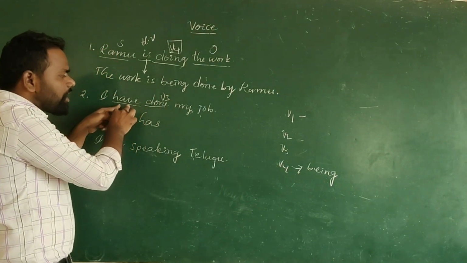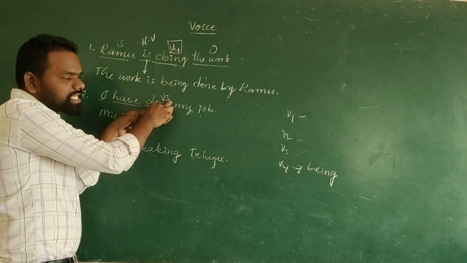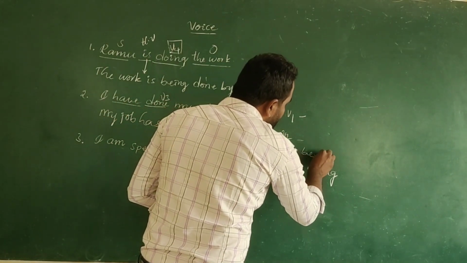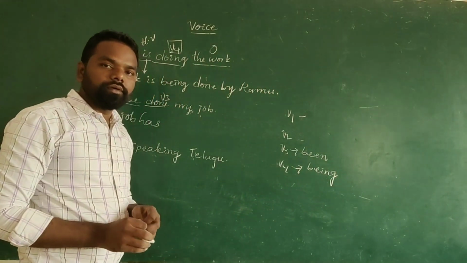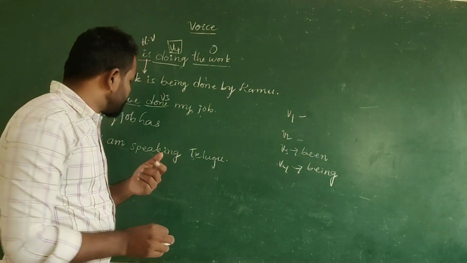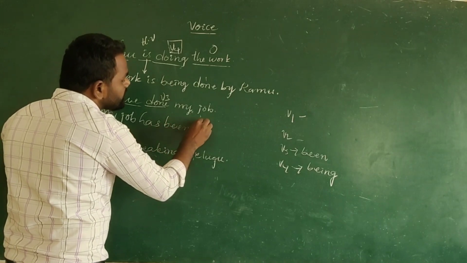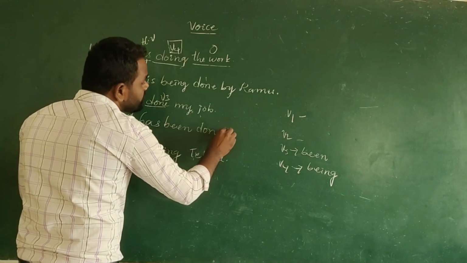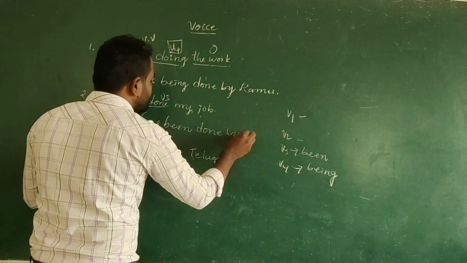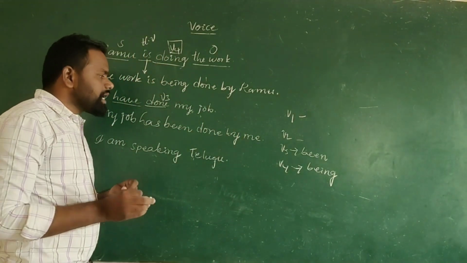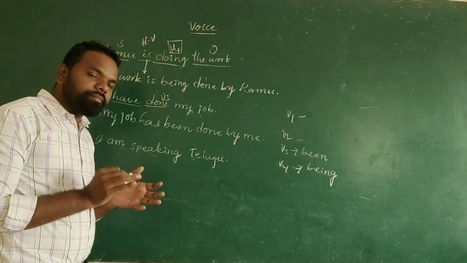Because of have, done is V3. When it is V3, the be form is actually been. Now, my job has been done by me. My job has been done by me.